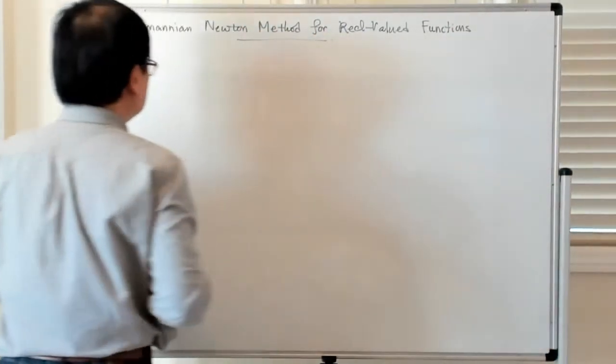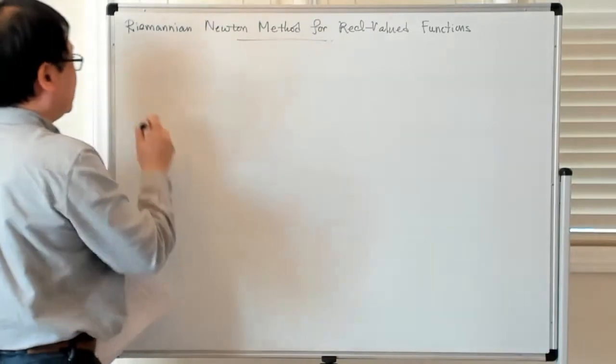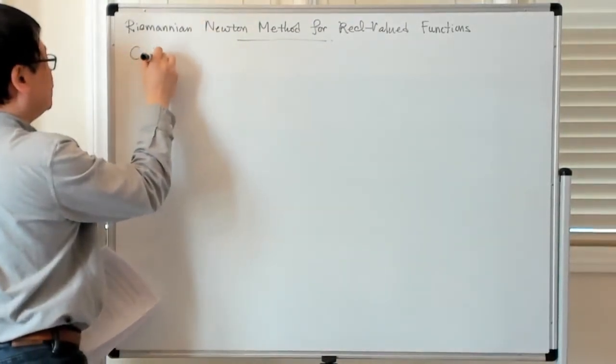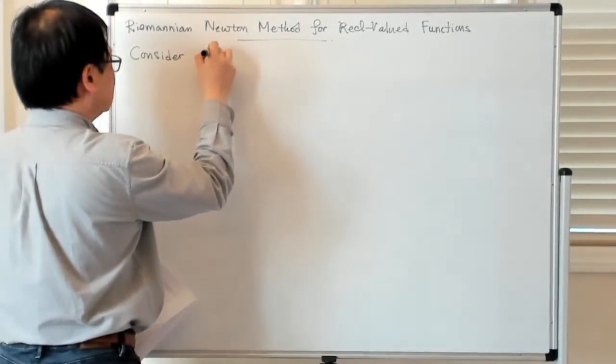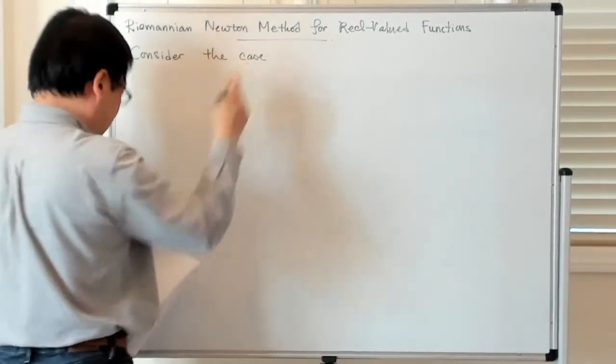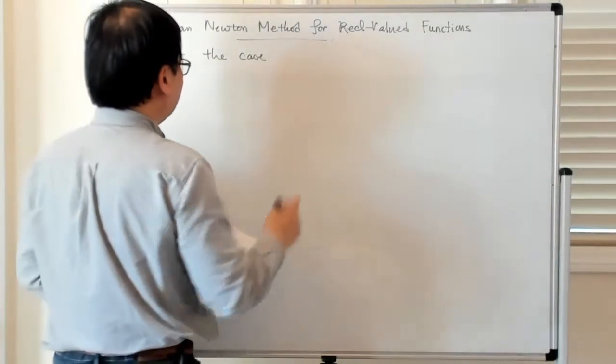All right, so in particular, that means that we're looking at a case where the vector field, which you're trying to find the zeros of, is given by the gradient of the function f, right?